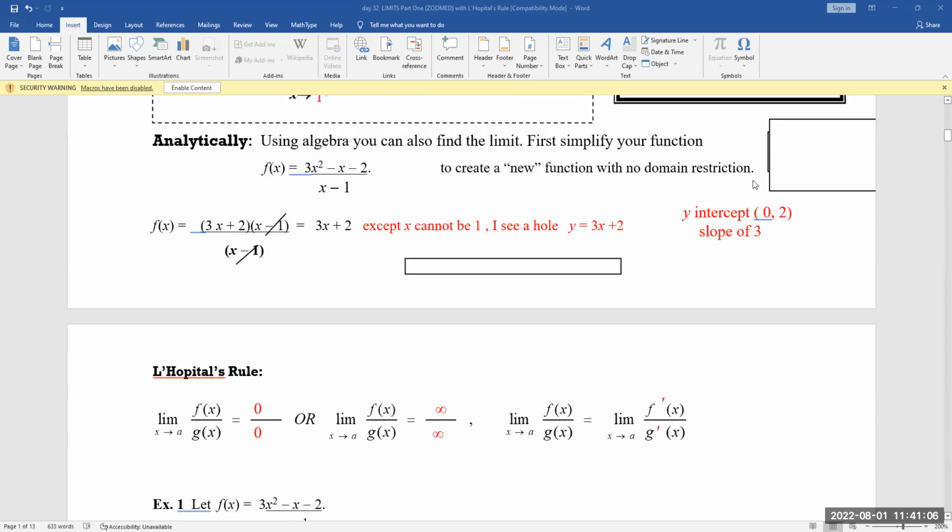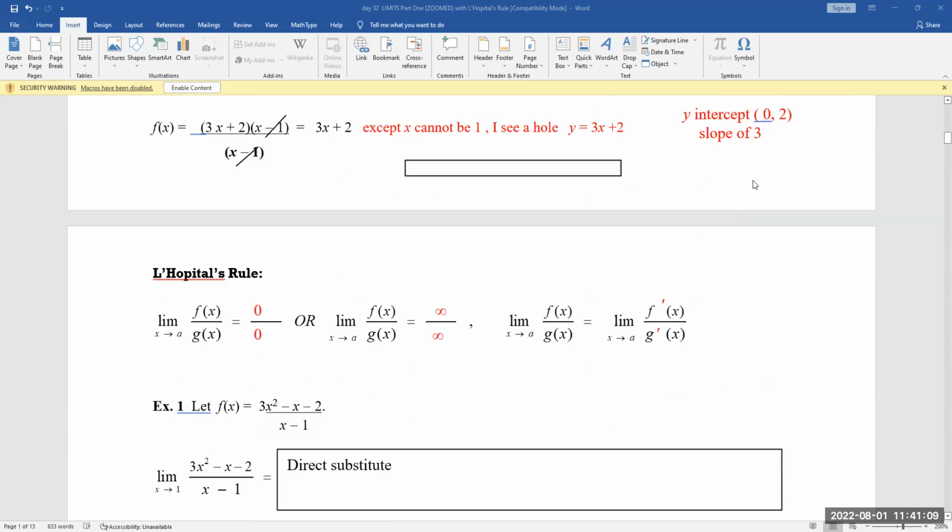Well, now I want to talk to you about L'Hopital's rule. L'Hopital's rule works in certain limit situations. The limit as x approaches a of f over g, if you get 0 over 0, which is called indeterminate, or if you get infinity over infinity, L'Hopital's rule says what you can do is, instead of taking the limit of the original quotient, take the limit of the numerator's derivative over the denominator's derivative at that same x value.